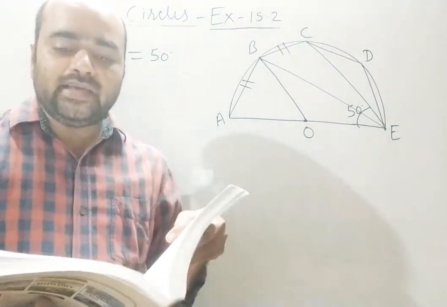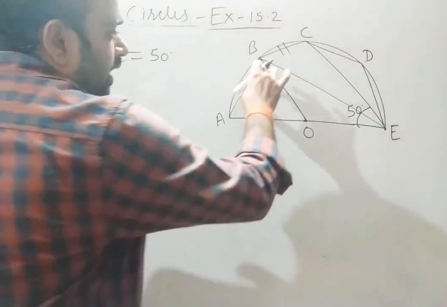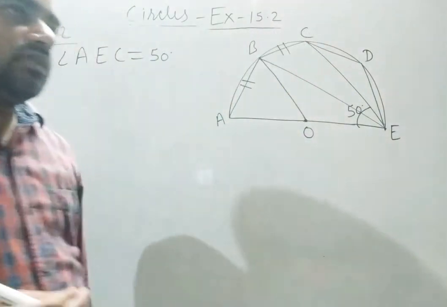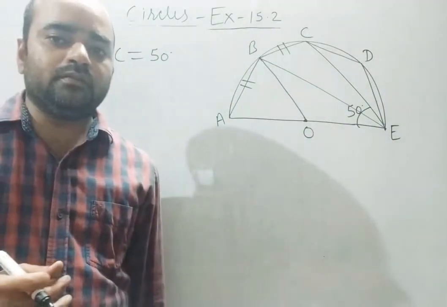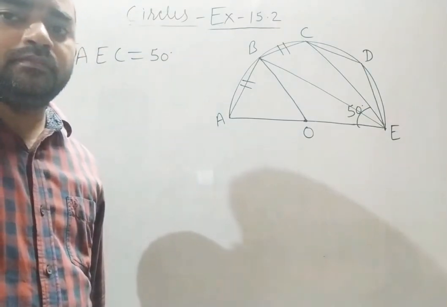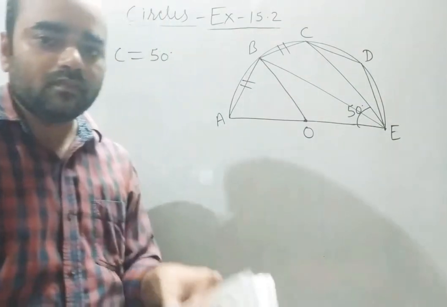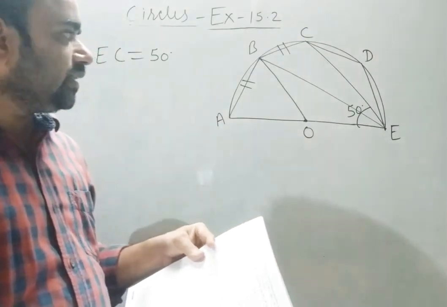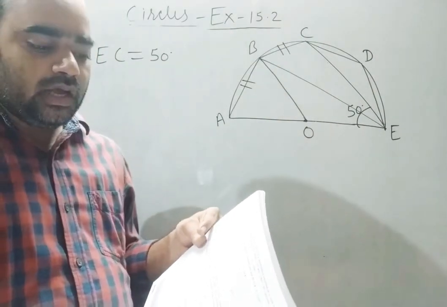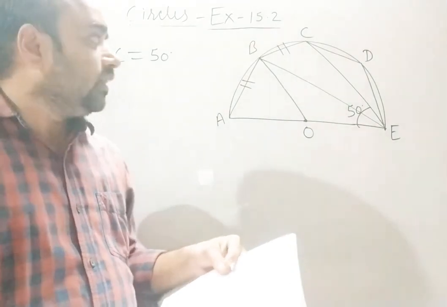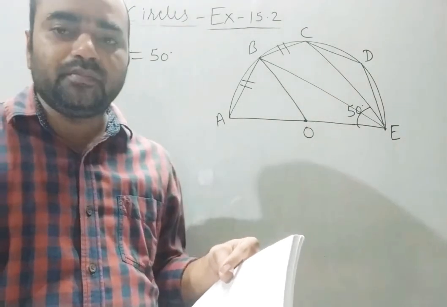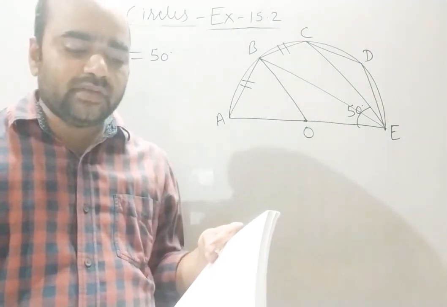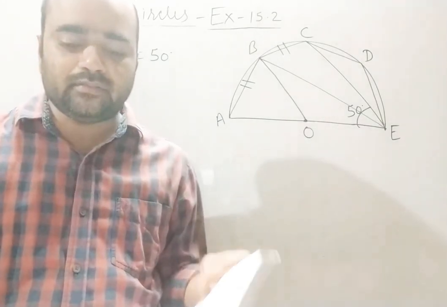Also AB is equal to BC. So two things are given: AB equal to BC, two chords are equal, and angle AEC is given 50 degree, not B. Correct it. First part we have to find angle CBE.